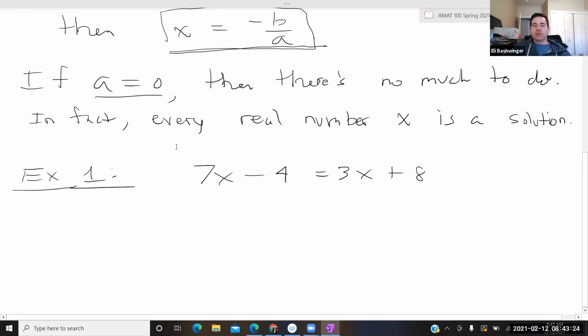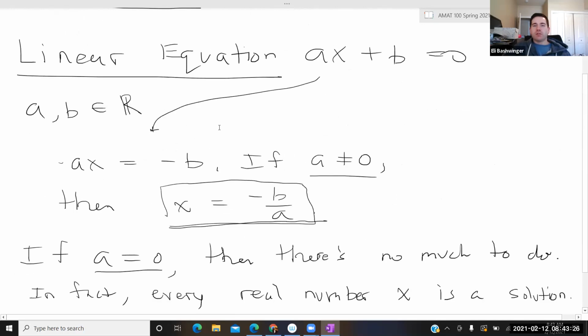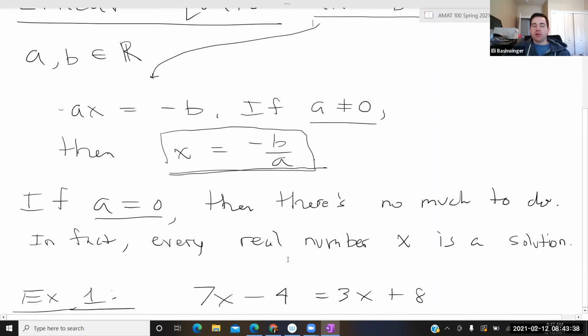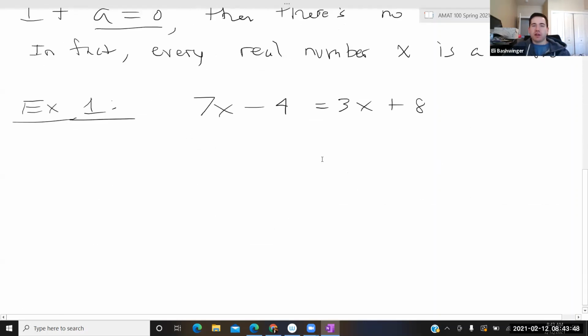You can go through the procedure by writing it as ax plus b equals 0, and then saying this has to be the solution, assuming your coefficient's not 0. But it's easier to just do the manipulation.